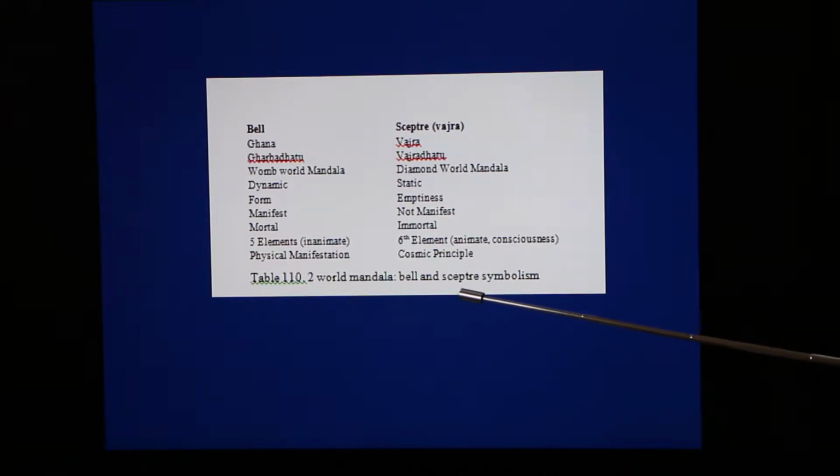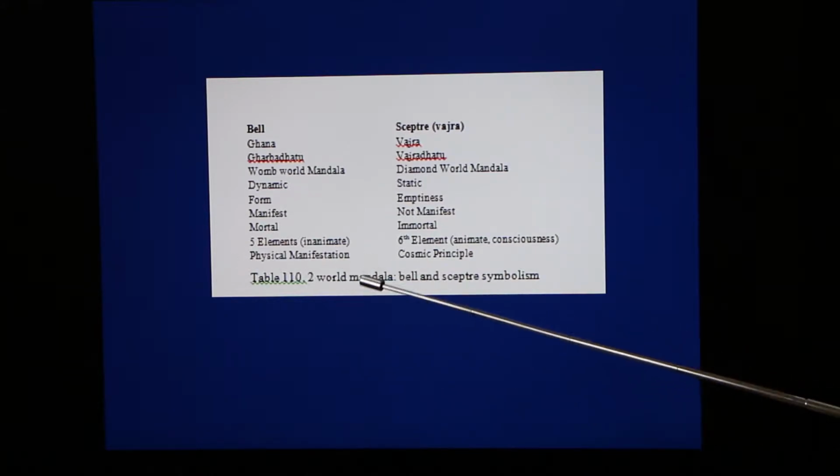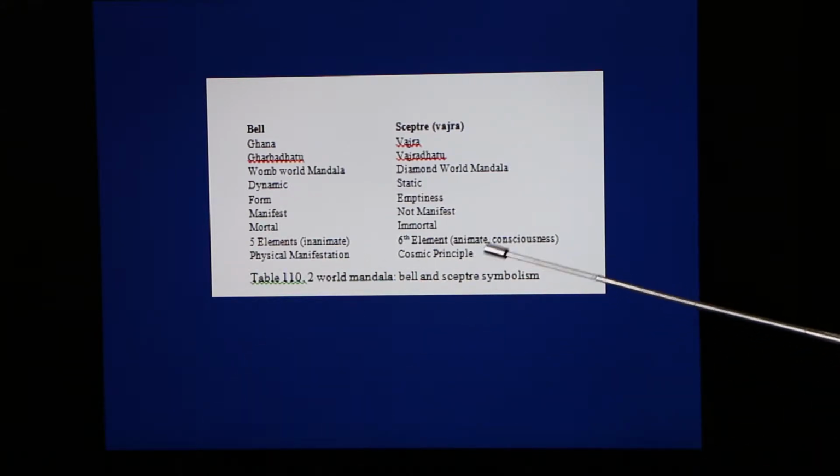So whereas the West has 4 plus the fifth element where everything happens, in the East it's 5 elements plus a sixth element. And then this is physical manifestation, whereas the scepter or the Vajra represents the cosmic principle.